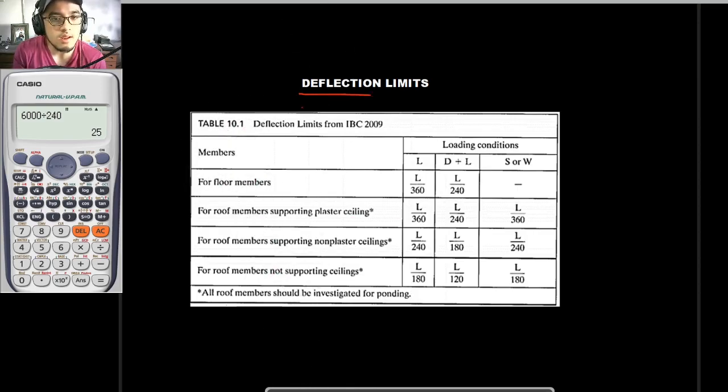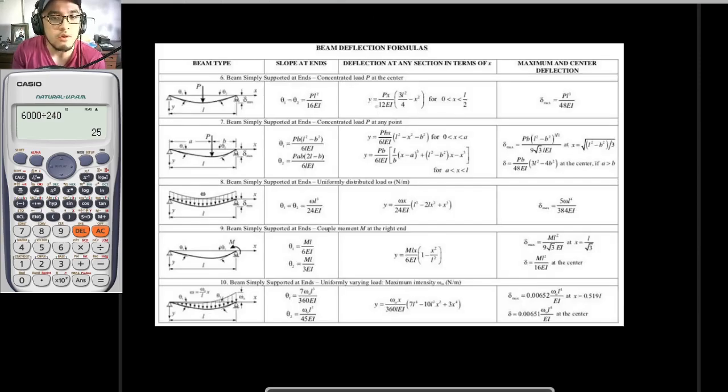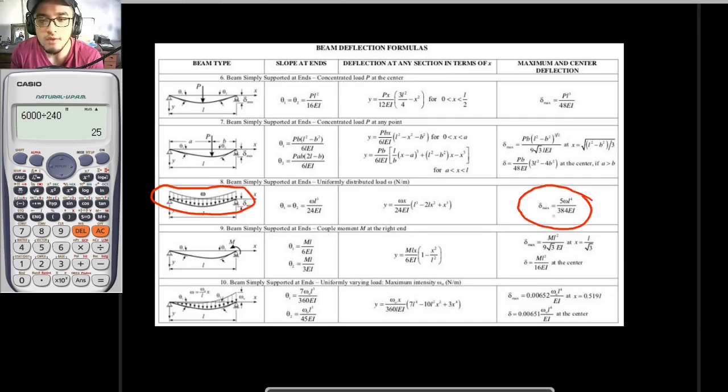So, that is it for deflection limits. Oh, by the way, for your deflection, you can solve for it via any method you want, by integration and whatsoever, or by formula, for example, if you would have a certain member subjected to a uniformly distributed load, this is all you would use. And I'm pretty sure you're already familiar with this.